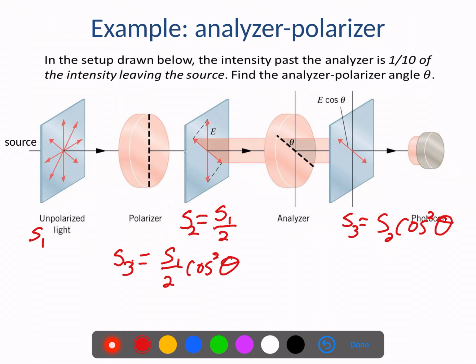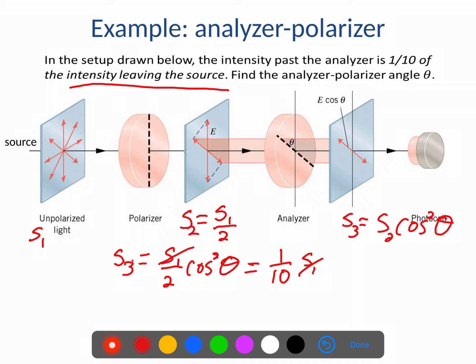And what I've observed is that S3 is equal to 1/10 of the original intensity leaving the source, which is to say S1. Now I can solve this equation, because the only unknown I have is theta once I cancel out S1 from both sides.